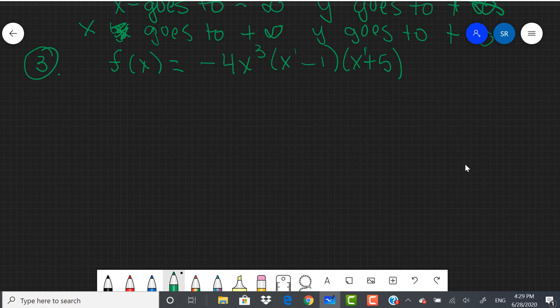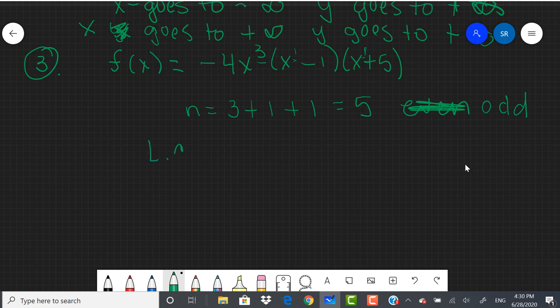So what we need to do to figure out my n is I need to add up all of my factors, and this is what is going to be my final n. So I want to add up the exponent of 3 plus the exponent of 1 and the other exponent of 1, and we end up with 5. 5 is not even, 5 is odd.